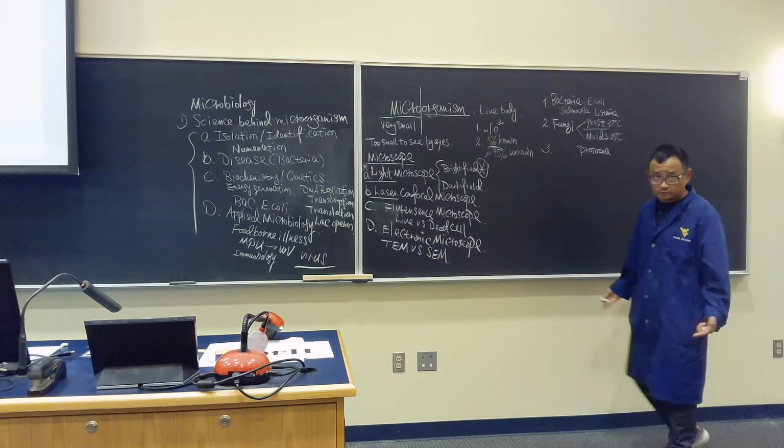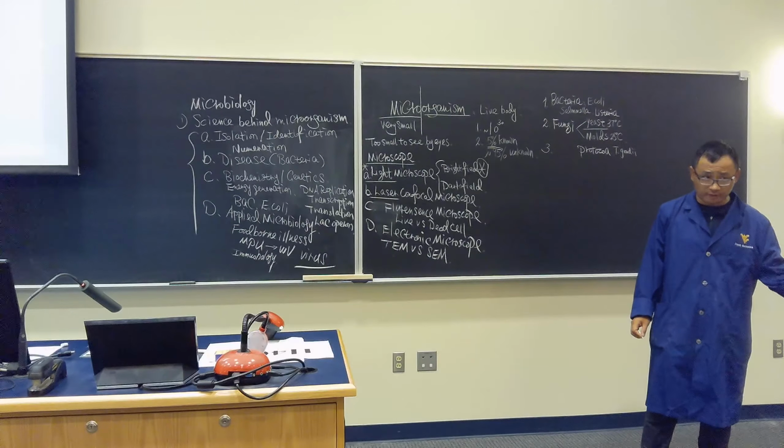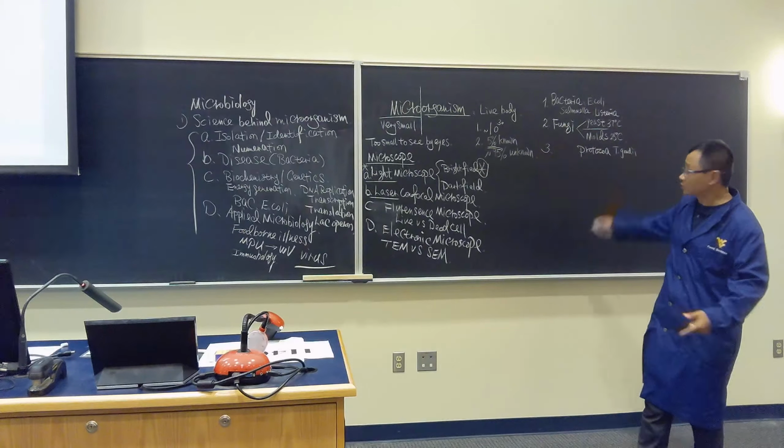Toxoplasma gondii has an intermediate host, which is a cat. So pregnant women are recommended not to have a cat at home because it could transmit it and then cause miscarriage. That's Toxoplasma gondii. It's an example for the protozoa. Okay, what are the other examples?